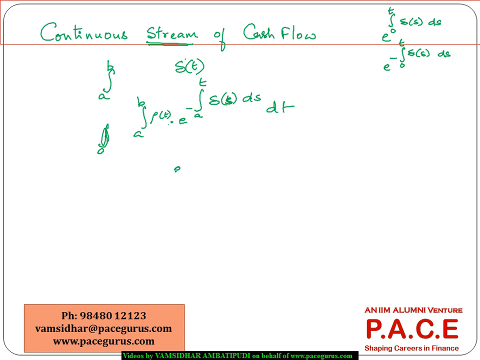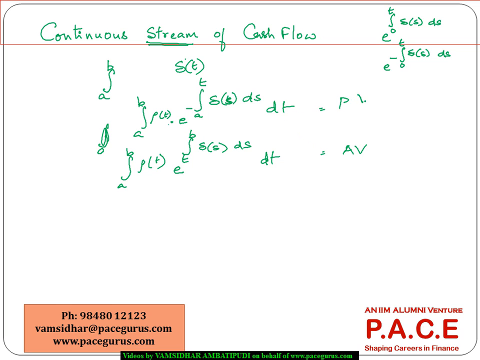The same logic if I am talking about a future value from t till b, again the same delta s ds. This is the way we are talking about the force of interest. And now there is a cash flow which is between A and B, rho of t, and this is multiplied by dt. So this is how we find out the accumulated value when we have a continuous stream of cash flows.